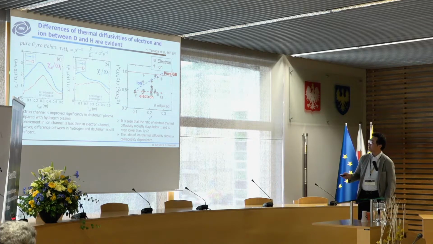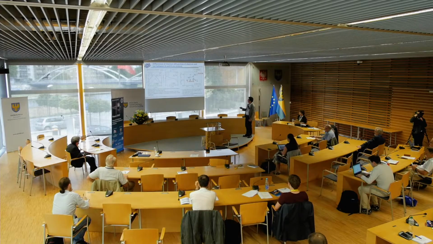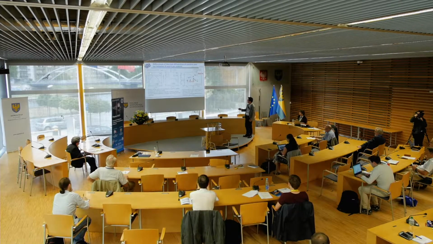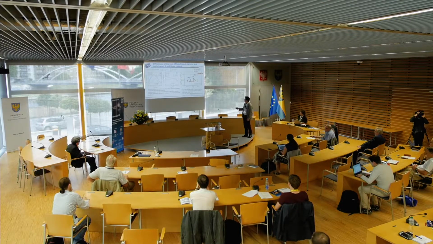This indicates the thermal diffusivity of electrons normalized by frequency. In all areas, in the deuterium case, the thermal diffusivity of electrons is reduced. And this is for the ion case.